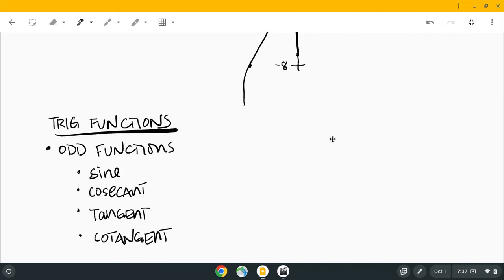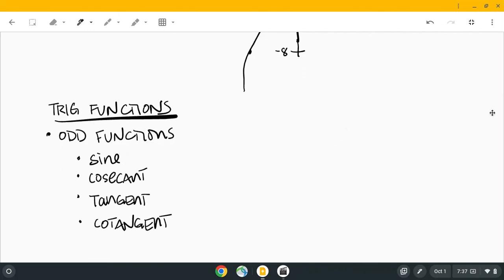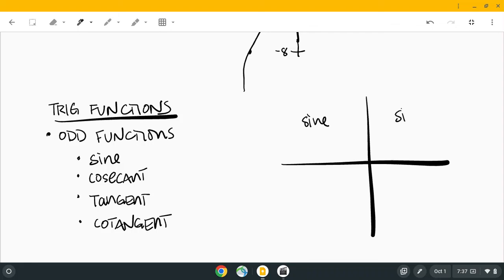And again, that makes sense because when we looked at sine, sine here was positive, sine here is negative, positive, and then sine here is negative, and sine here is negative, right? So we can already see that if I do 30 degrees versus -30 degrees, here I'll get positive, but here I'll get negative.